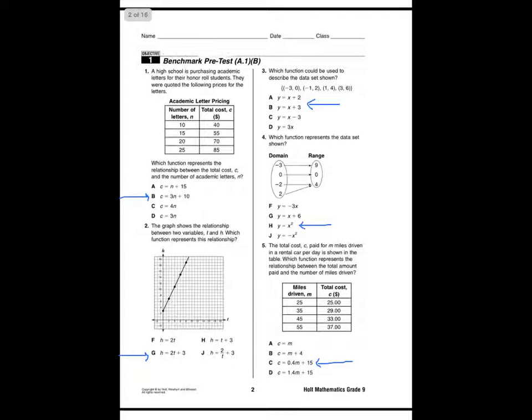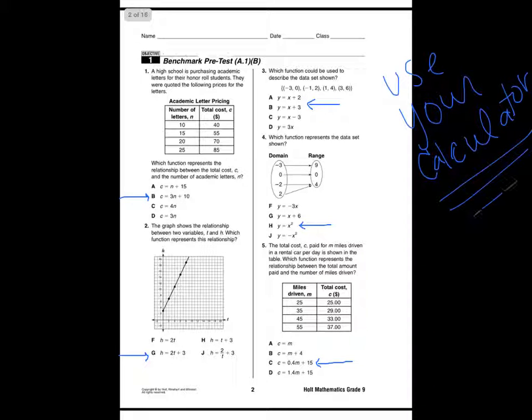When you were doing your semester exam review for A.1b, the main thing that I can tell you, the most helpful thing that you can do is use your calculator. They are giving you the answer. The answer is somewhere within the multiple choice. So all you have to do is know how to use your calculator. You need to plug in the equation, look at the table, and see if it matches the data that they have given you.